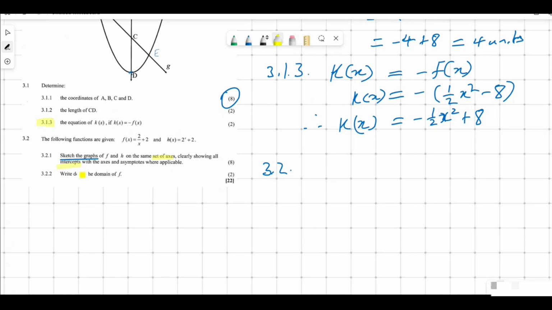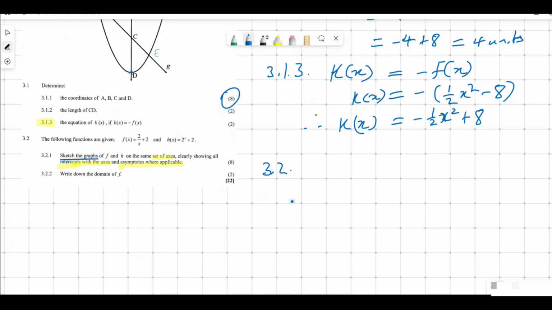When they talk about intercepts, they're saying intercepts with the axes. So they are referring that please show the coordinates of the x-intercept and the y-intercept, and also show what? The asymptotes where possible. Okay.